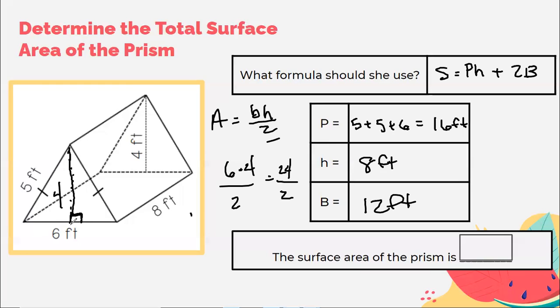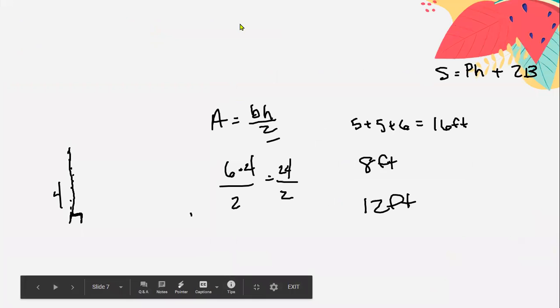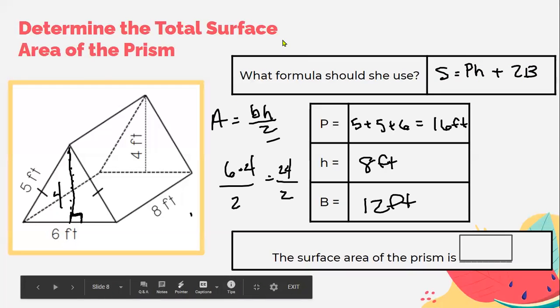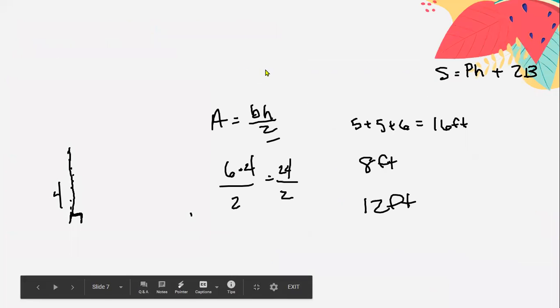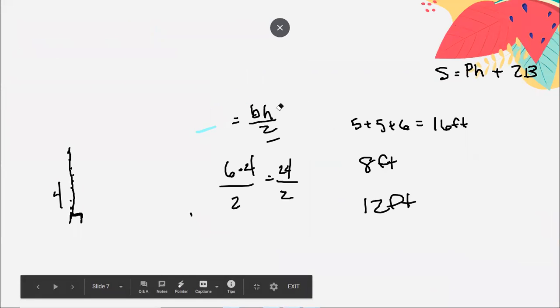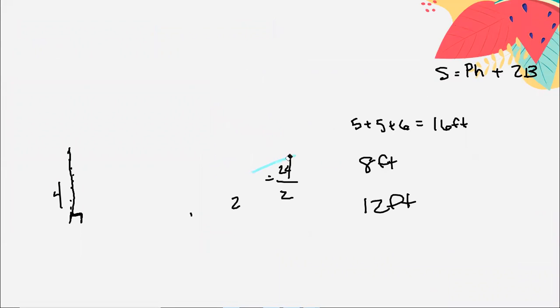Okay, so we've got all of our measurements now. Now we just need to plug them in. I'm going to go over here so I can plug them all in. Everybody plug it in if you can, and then we'll check.